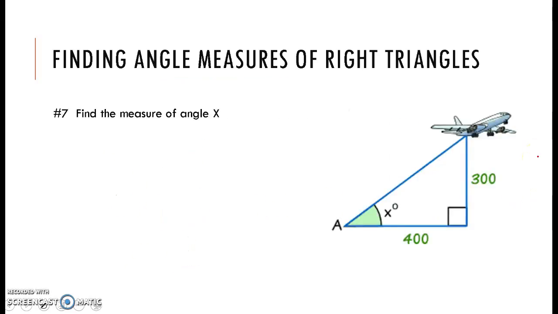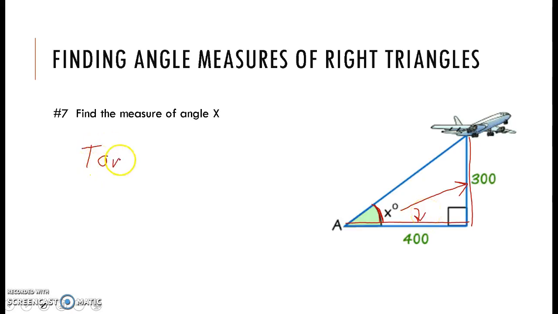Let's take a look at one more situation here. Suppose you see a plane. The plane is 300 feet up in the air, and it's 400 feet away from where you're standing, and you want to figure out what this angle is. Well, based on what we have here, we know that the opposite side is 300, the adjacent side is 400. That's the tangent ratio.